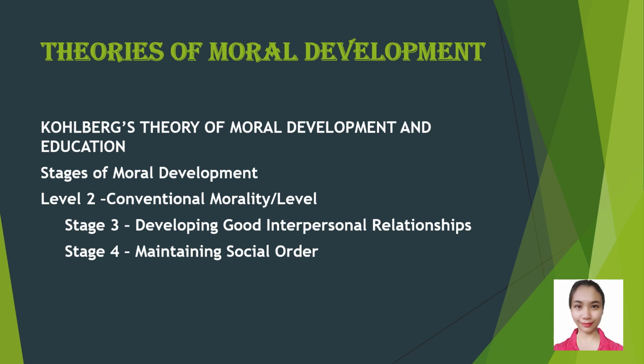So, dito naman sa stage 4, maintaining social order, it is simply following the law, kasi yun yung mga batas na nakaset. Parang ano na lang yan, government, ang tawag na natin, batas ng mga gobyerno. So, we as a part of this government, we are following the law, kasi yun nga yung nakasaad sa batas.